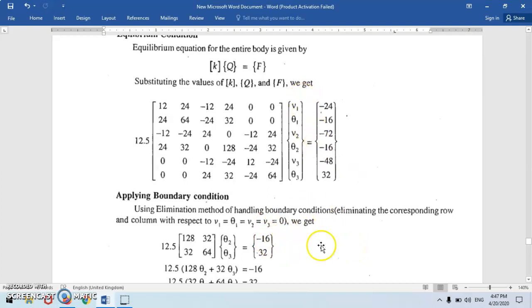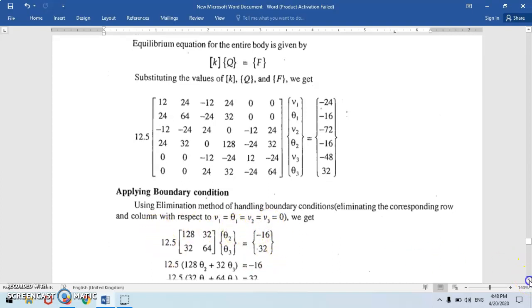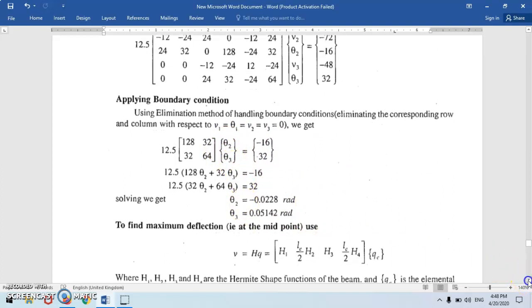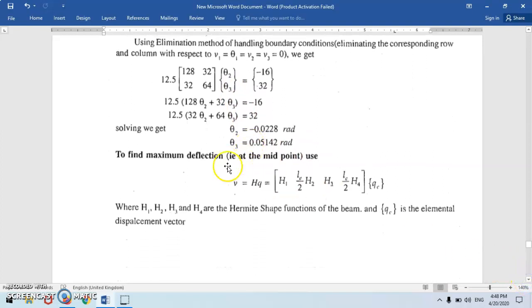That is why you cancel these respective rows: first row first column, second row second column, third row third column, and fifth row fifth column. If you cancel, what is left out is this much. Then you will be getting the theta 2 and theta 3 values. So these are the rotation values at node 2 and node 3. This is what you need to find out.